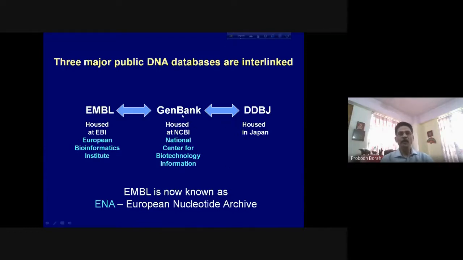So if we enter to GenBank, we can also have access to the information that is available in DDBJ or EMBL. So this is applicable to each of these three databases. When you enter to EMBL, from there, you can also have access to the information in GenBank and DDBJ. So they are integrated among each other.